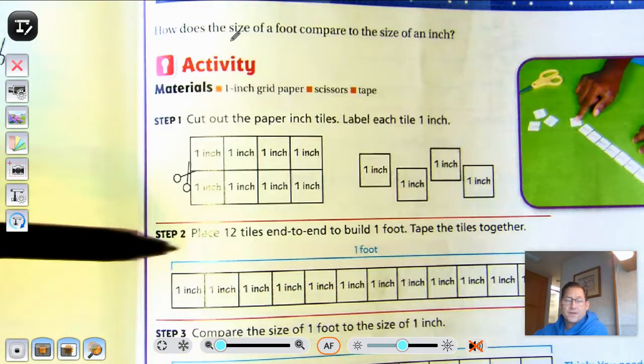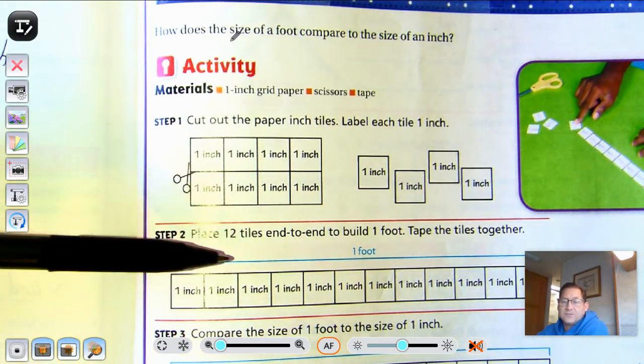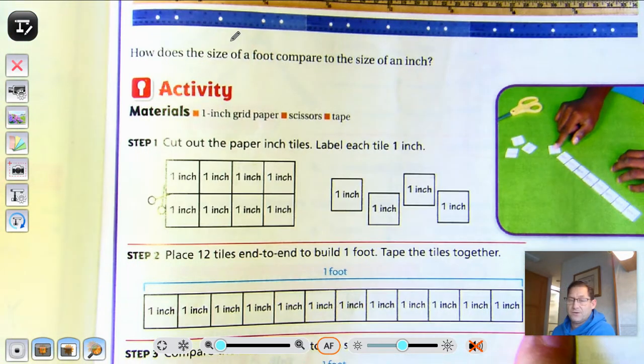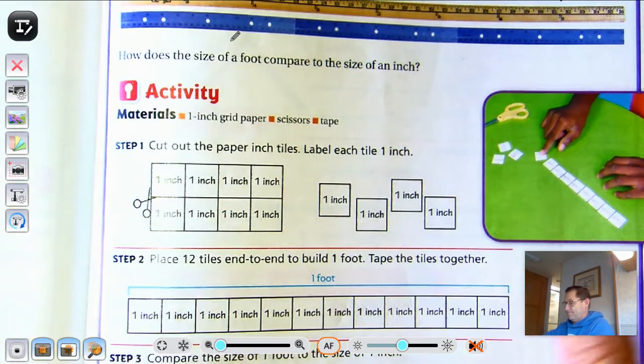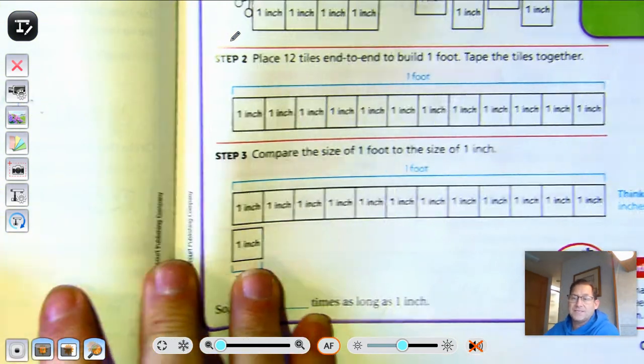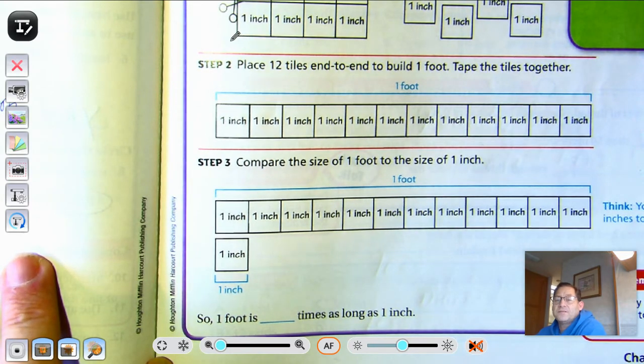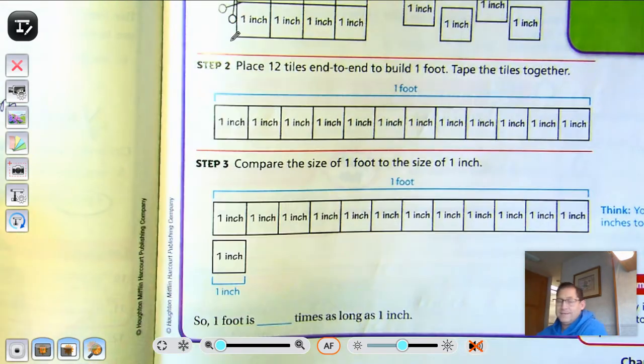Step 2, you're going to place the 12 tiles end to end to build 1 foot. Tape them together. Okay. That will match the size of a ruler. Now, compare the size of a ruler to just 1 inch.